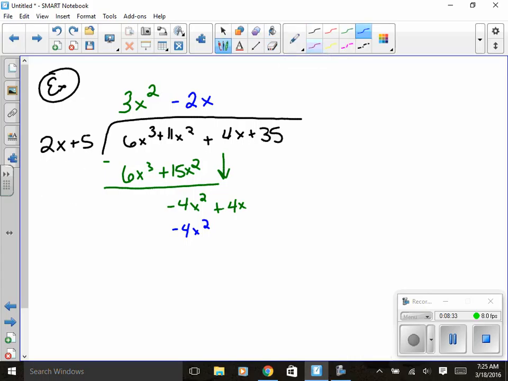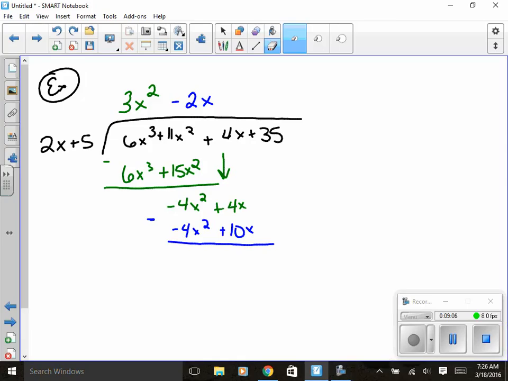So now I distribute that negative 2x to the 5, and I get plus 10x. I'm going to go ahead and subtract. The negative 4x squareds we know cancel. Now I've got 4x minus 10x. Except I made one minor mistake here, and I just noticed it.